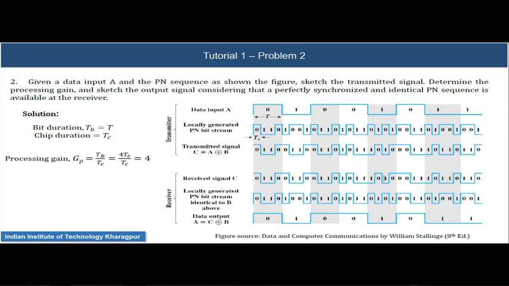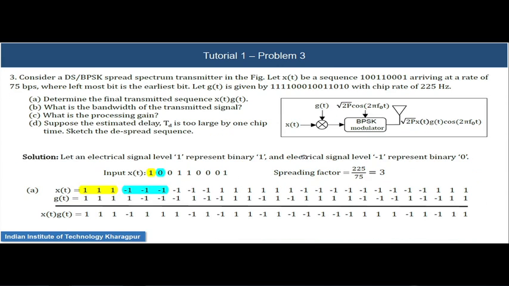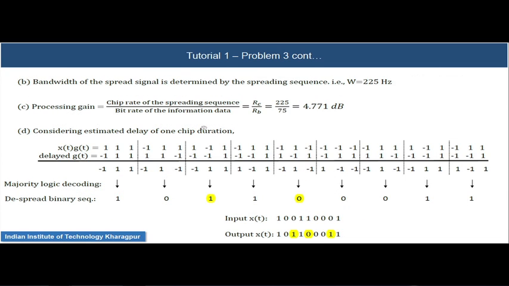If you recall, in the previous problem we had the PN sequence at the receiver synchronized with the PN sequence at the transmitter, but now it is said that the estimated delay in the PN sequence is too large by exactly one chip time, and therefore we have a PN sequence which is delayed now.